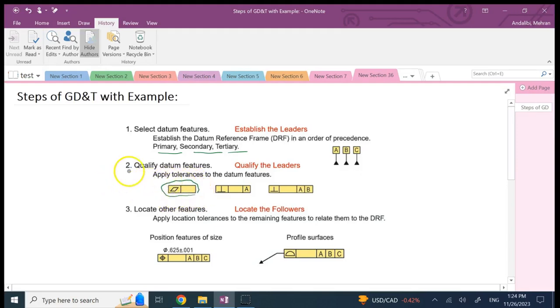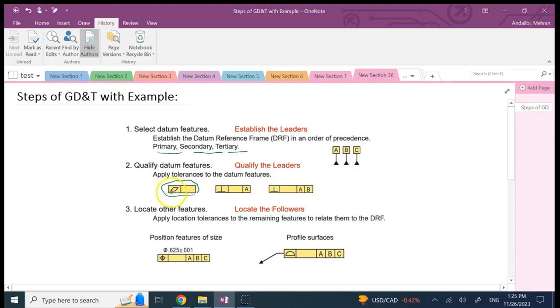If it's an axis, we typically try to control it with dimensions or maybe with straightness. And then secondary, if it's a surface, we try to make it perpendicular to primary. Or if it's an axis, also we can make it perpendicular to primary. And then tertiary, we might make it perpendicular to primary and secondary. Or if it's a feature of size, we might use a position for that or something like that.